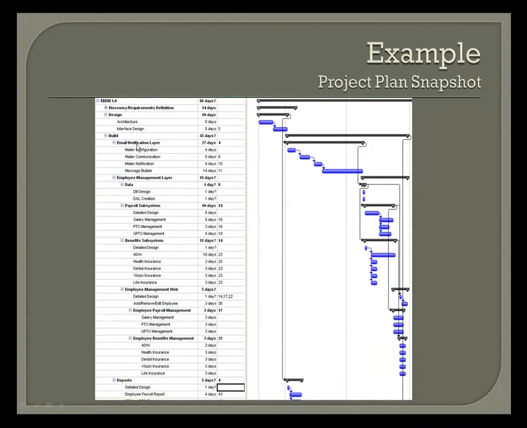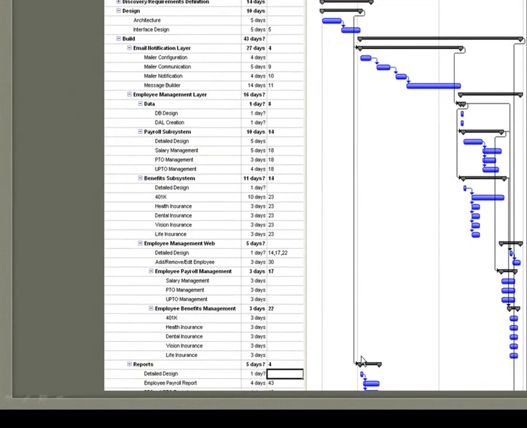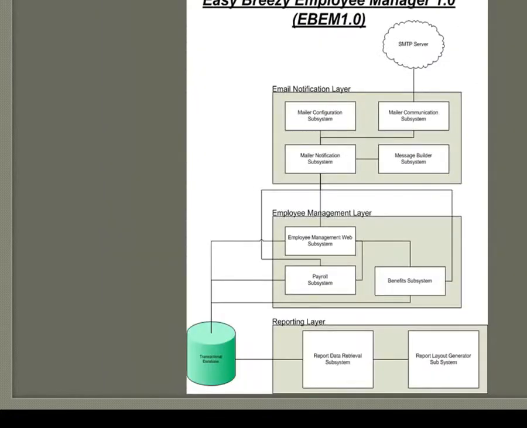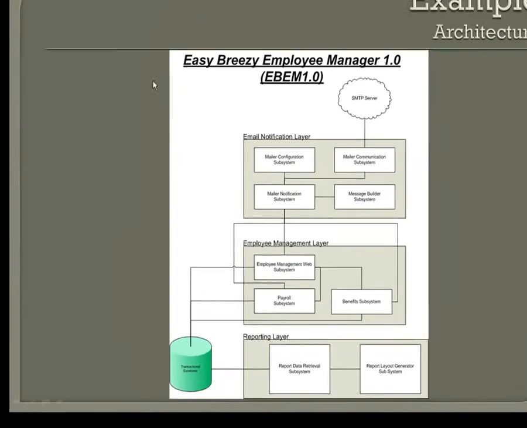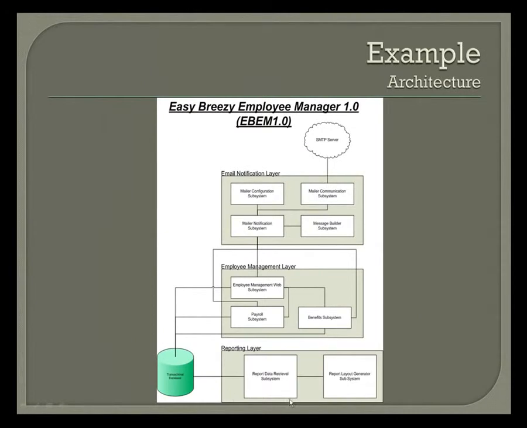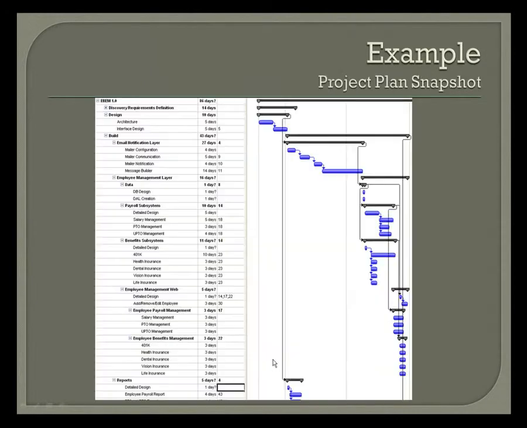So here, with email notification, it and reports can go at the same time. So it would be wise for us to have two teams working, one on the email notification and one on the reports. And so therefore we'd want to create two branches, since in our architecture back here, those were two disjoint, two non-overlapping components that we could develop in parallel at once.